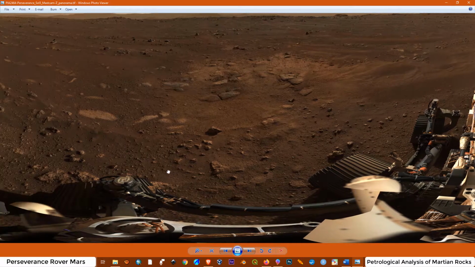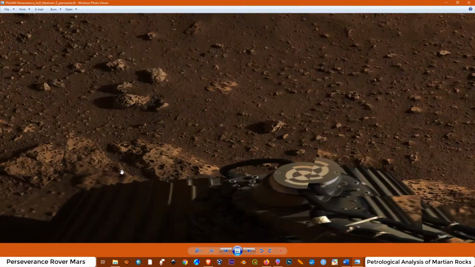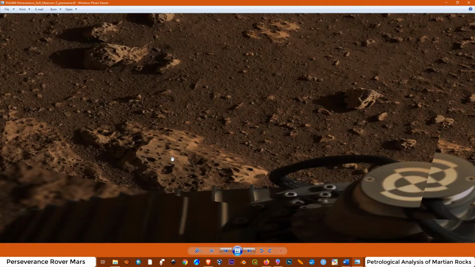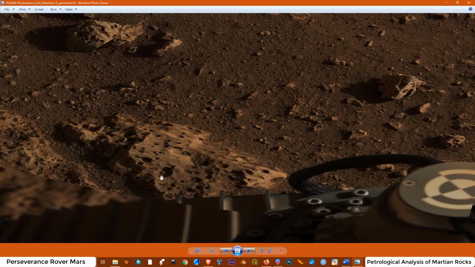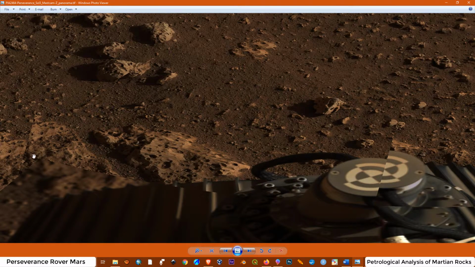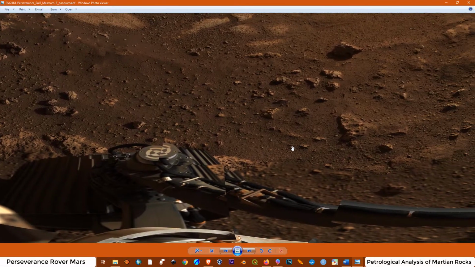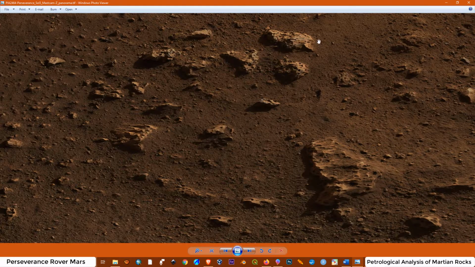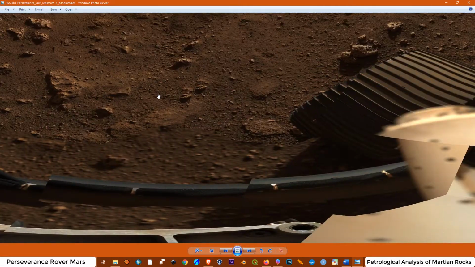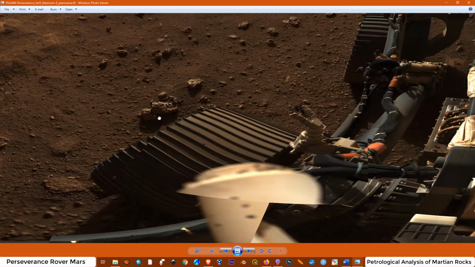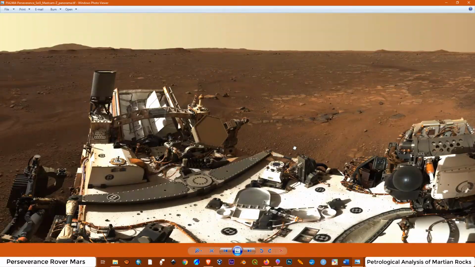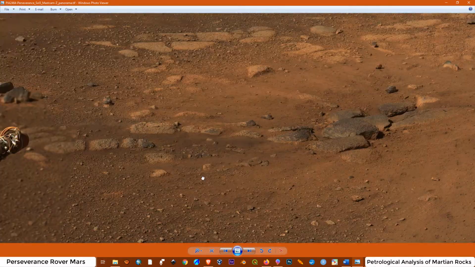The type of rock that we are going to analyze is the one located near the Perseverance, the one that presents this type of holes on the surface of the rock. We can recognize this type of rock in several areas close to the Perseverance. As you can see over here, and these ones over here, it's another type of rock.